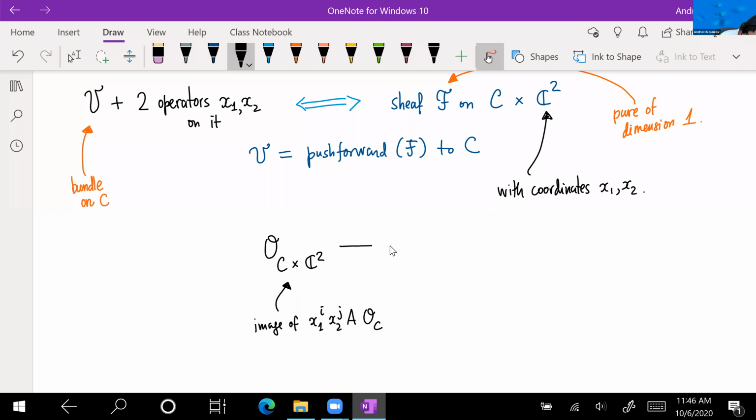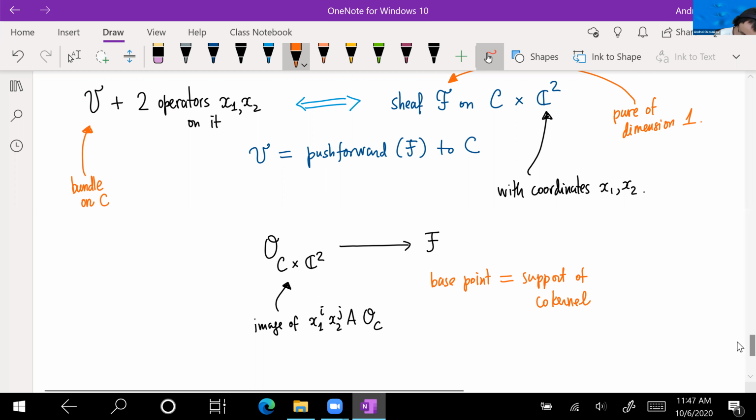This maps to my sheaf F. And the cokernel is exactly the base point. This is the support, where I fail to generate the whole fiber of V by the action of x1, x2.